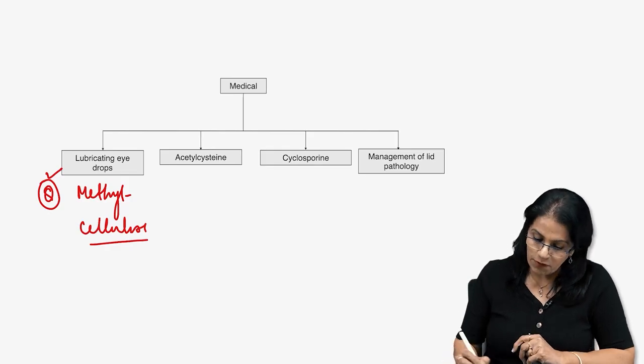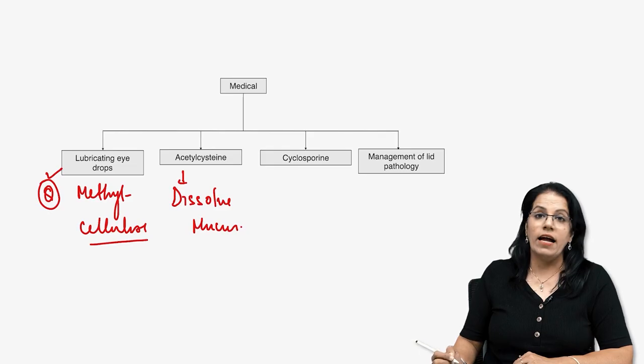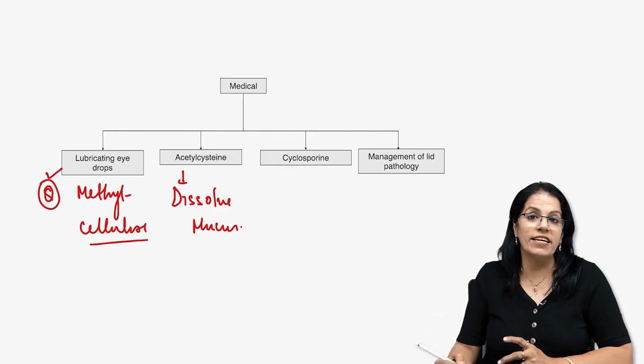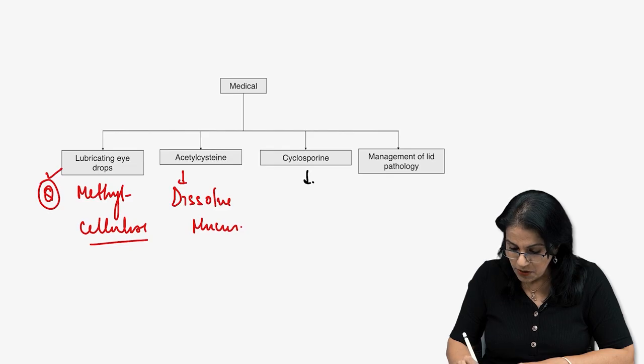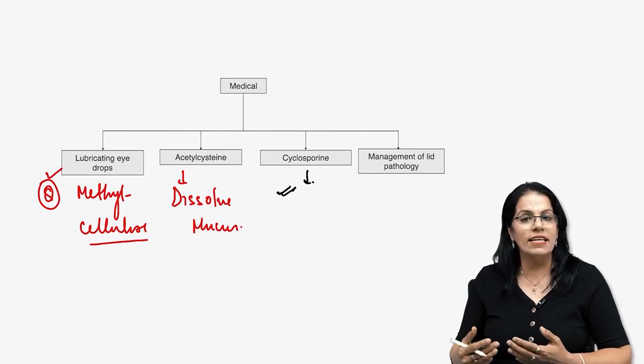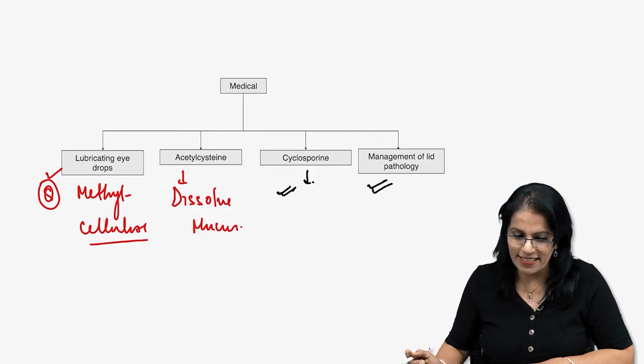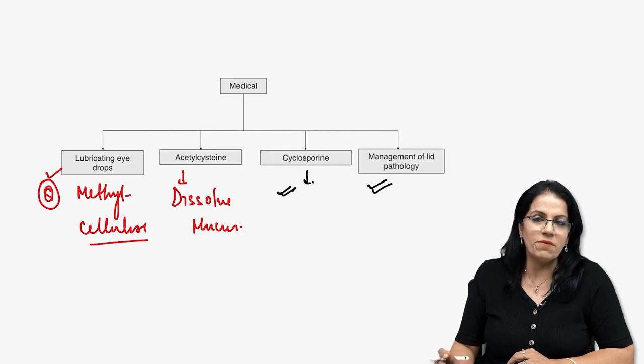Secondly, of course, acetylcysteine to dissolve mucus. And if we have inflammation, it's a dry eye disease, we may want to use cyclosporine. Okay. And of course, if there is any associated lid pathology, that should be managed. Okay. So, this was about your medical.